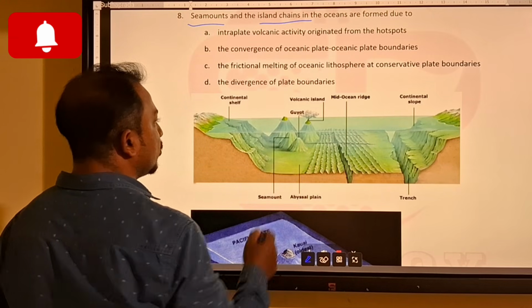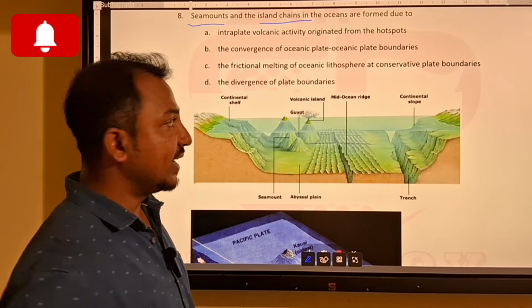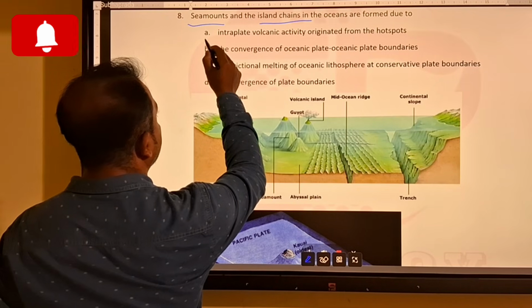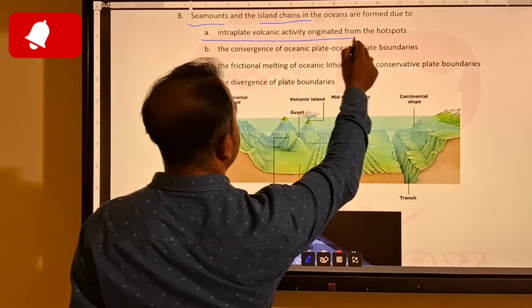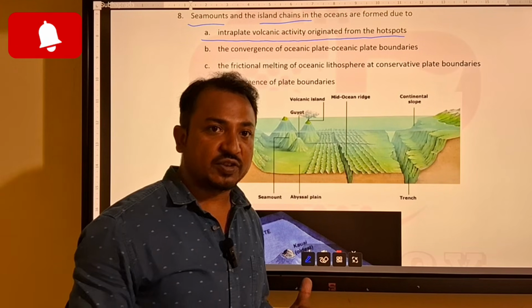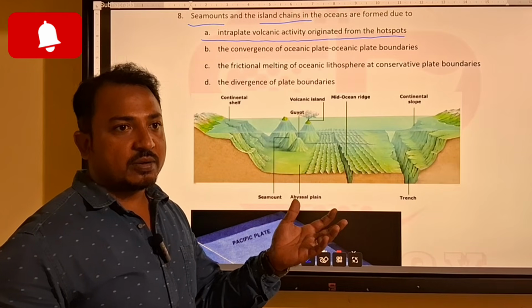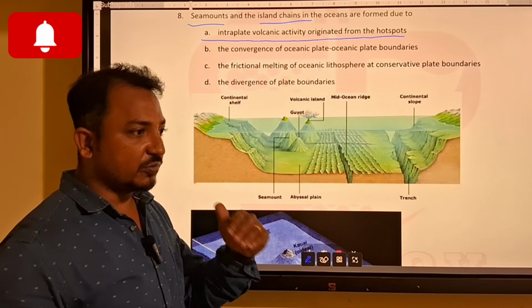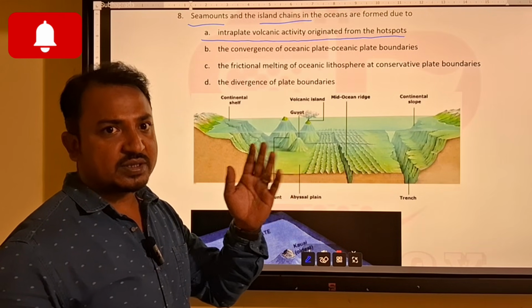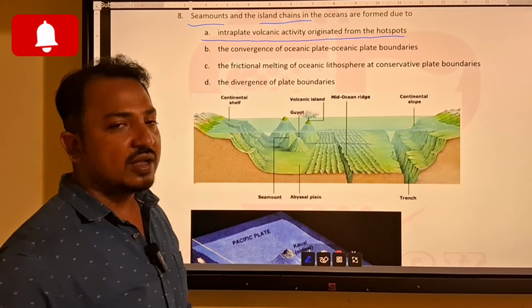And if it is exposed above the sea surface, it is called a volcanic island. So this is intraplate volcanic activity originating from the hotspot, produced within the oceanic plate. Generally a volcanic island is produced above the sea surface, then after gradual erosion, it submerges to produce seamounts and guyots.